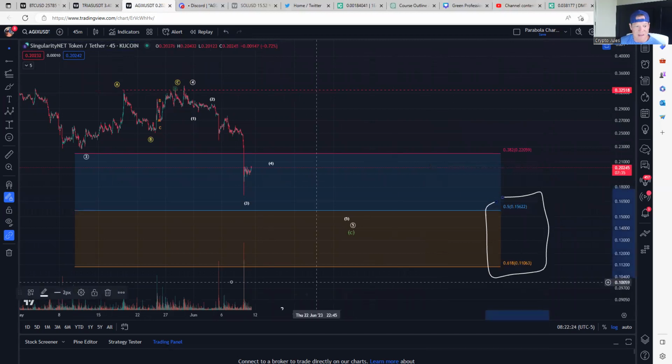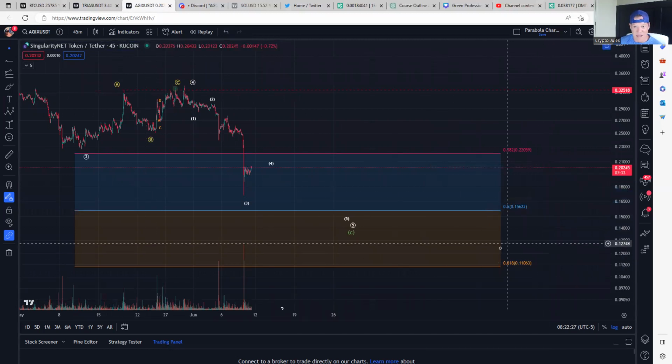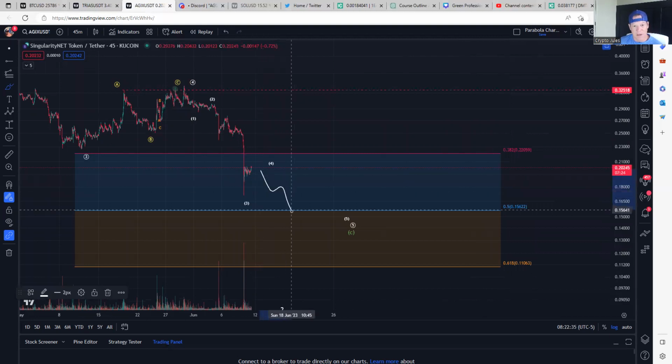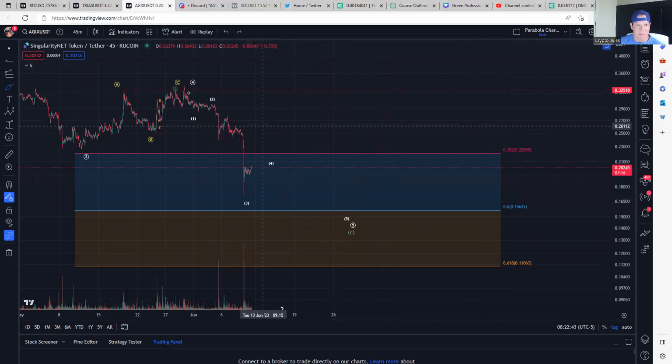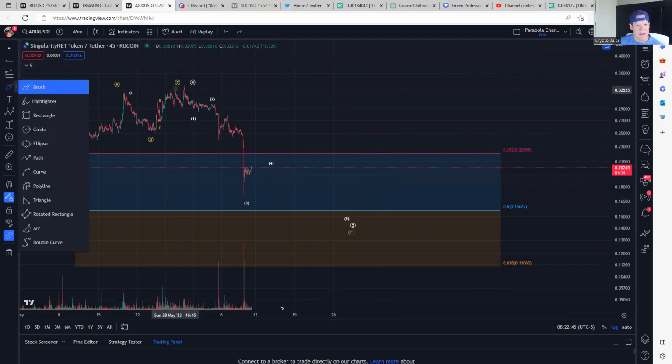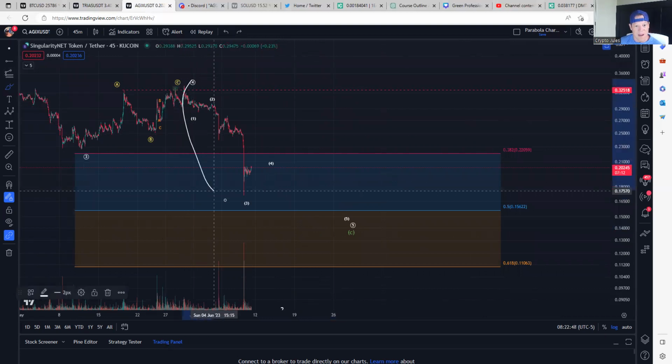At the moment, it's not really looking like it's going to get that deep 61.8 retracement, but it certainly is possible. I would anticipate something more like this, where we wick below it and then start our impulse up from there. That's what I'm looking for at the moment, based on the way this impulse is shaping up.